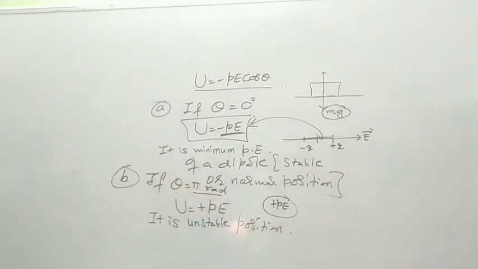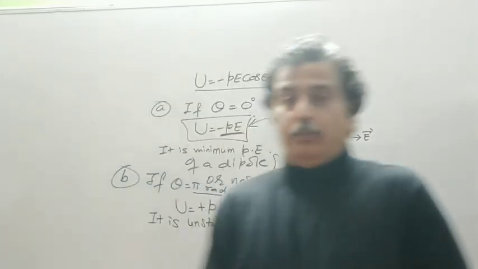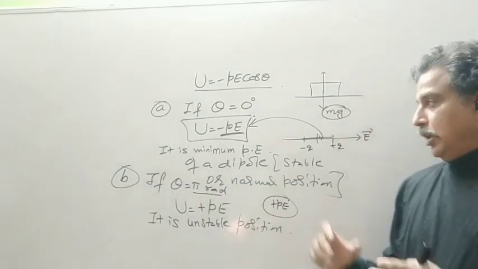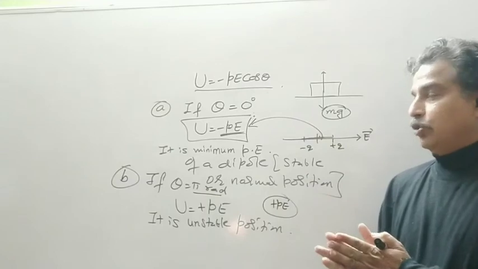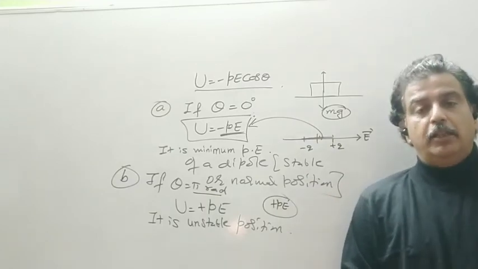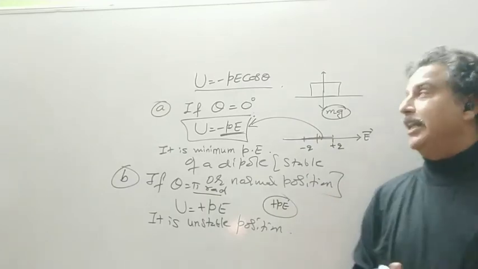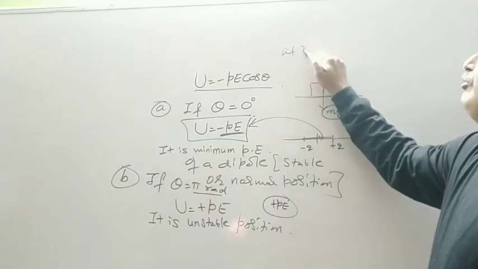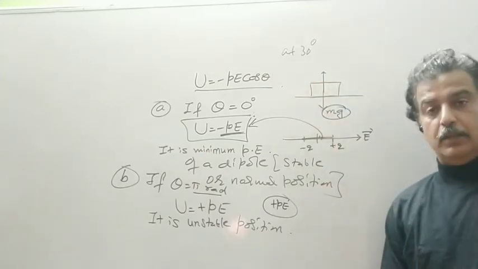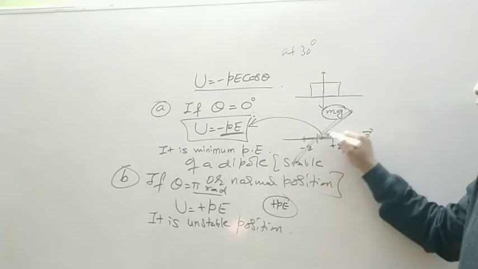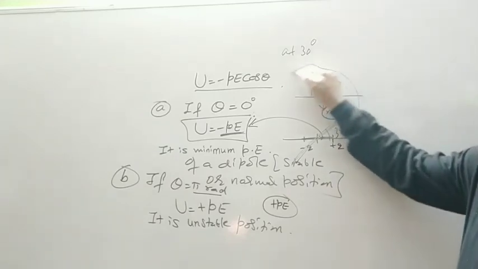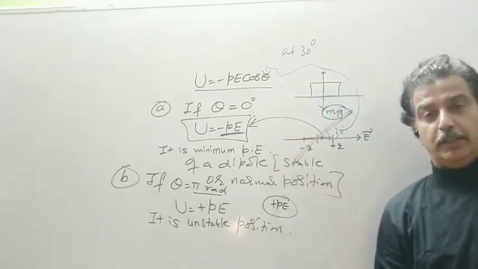So these are the cases of a dipole placed in a uniform electric field. So in the numerical, if it is given, find out the potential energy of a dipole at an angle of 30 degree, so simply you substitute 30 value here.